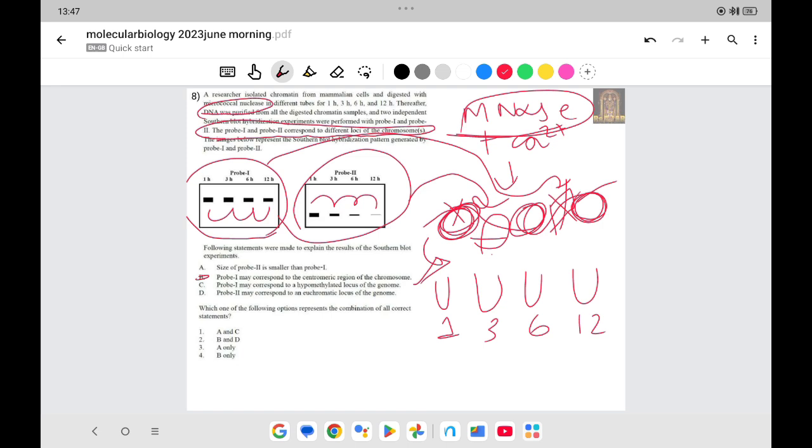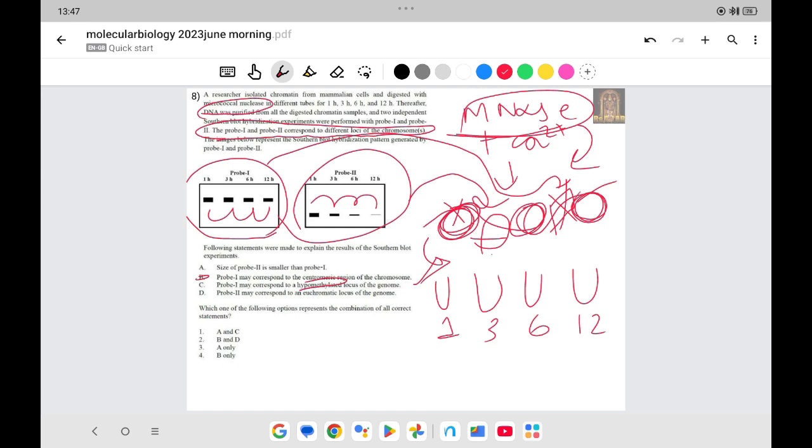And next, probe 1 may correspond to a hypomethylated locus of the genome. Depending on the epigenetic modification of the chromosome, if there is any hypomethylation, then the gene would convert into a euchromatin structure. That would be very much accessible to MNase enzymes.